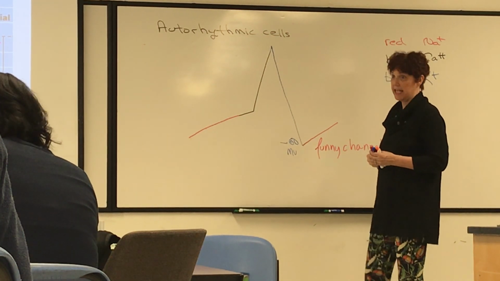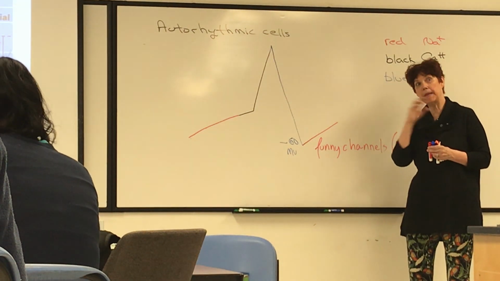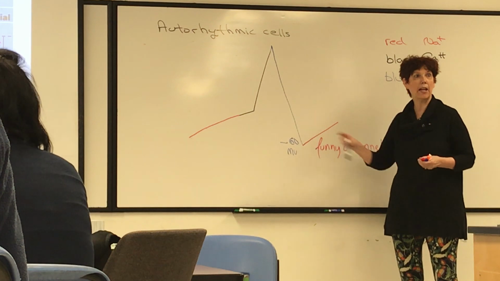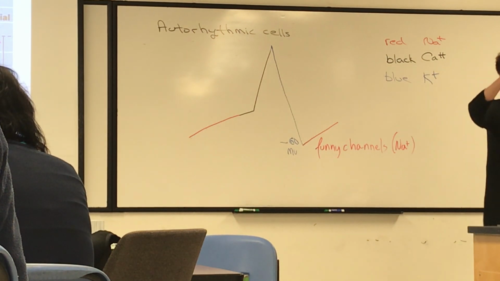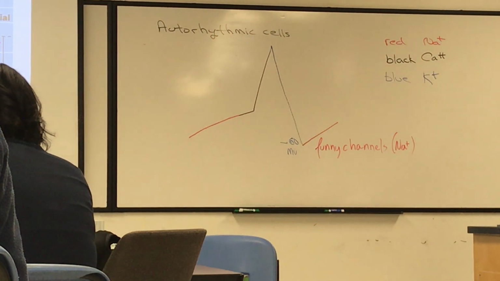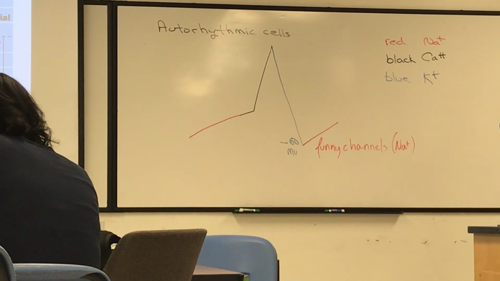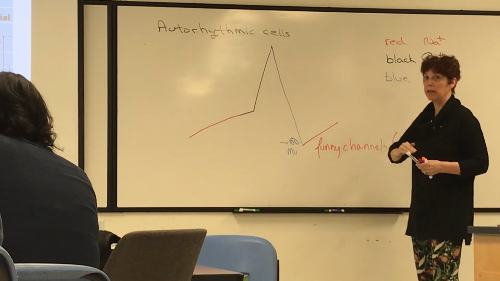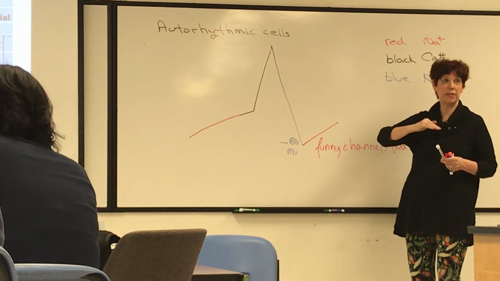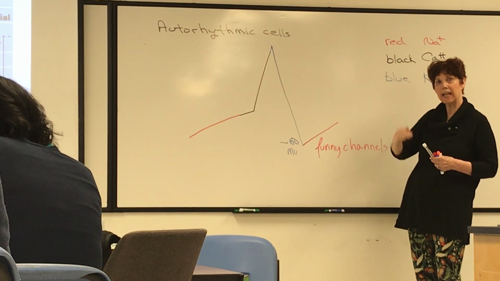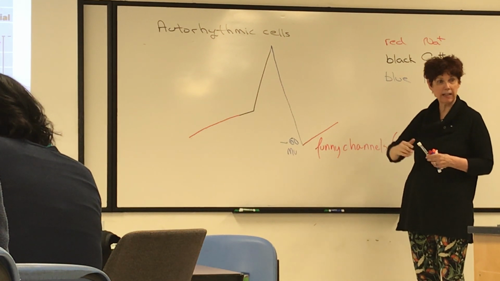The reason they're called funny is because they open for two different reasons. Remember I said they open when the inside of the cell reaches a negative 60? Is that a voltage or is that a chemical? The voltage. So these are voltage-gated channels. Only instead of opening when the inside of the cell reaches a certain positive level, they open when the inside of the cell reaches a certain negative level.